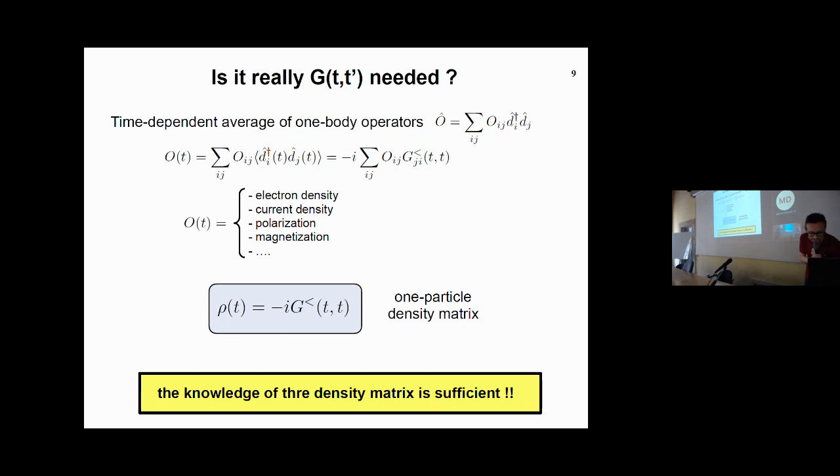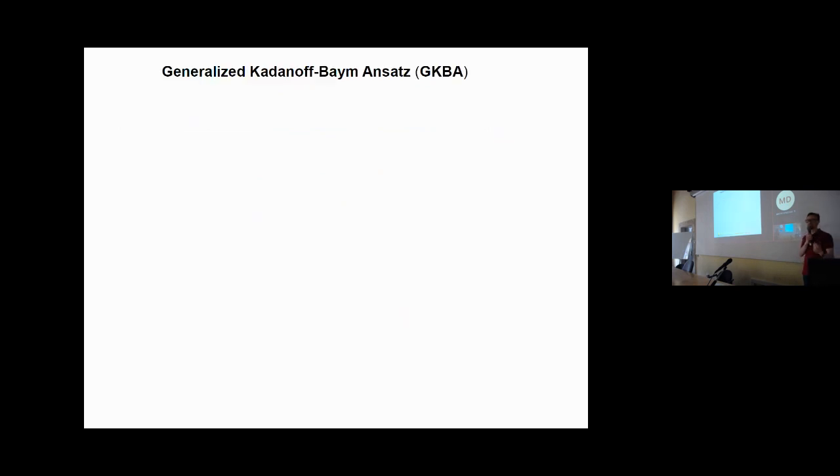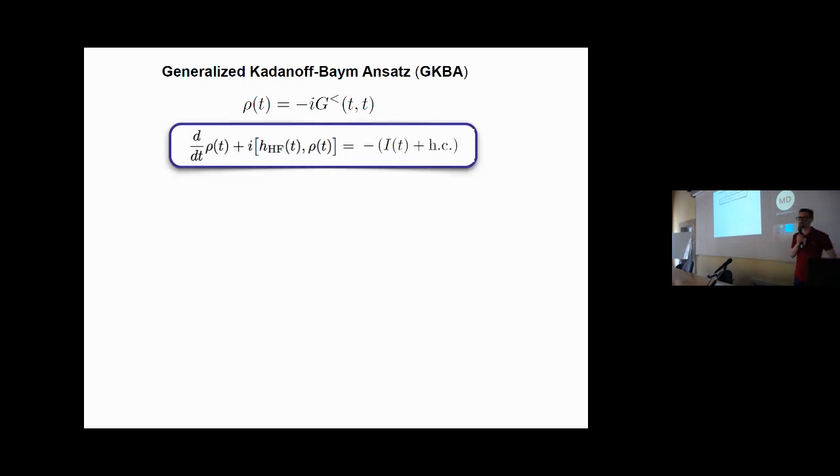Now the obvious question is: is it possible to write an equation of motion for the density matrix only? It is a quantity that depends only on a single time. The answer is yes. It's very easy to derive an equation of motion for rho, because you just have to take the two Kadanoff-Baym equations of the previous slide, set t equal to t prime, and sum these equations, and you end up with this very beautiful equation for rho.